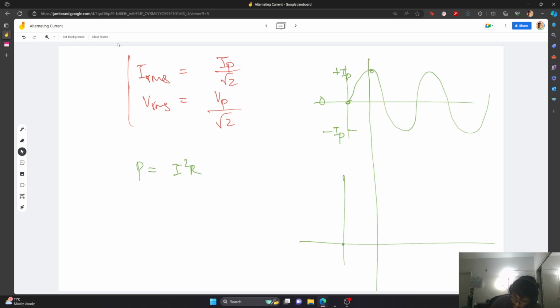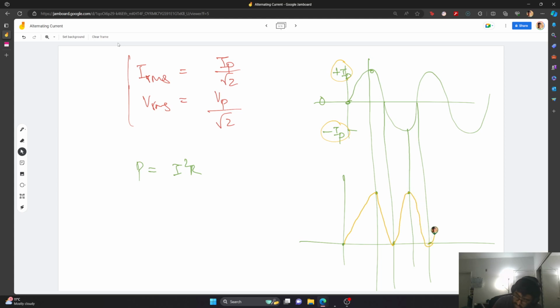So the way it works is it goes up, then it comes down, then it goes up, then it comes down, because the square of the minus side and the plus side is the same. So this IP square and this IP square are the same. Both of them go to the same point and come down.